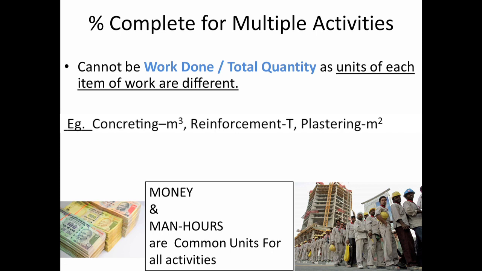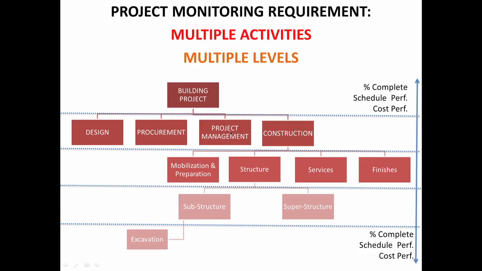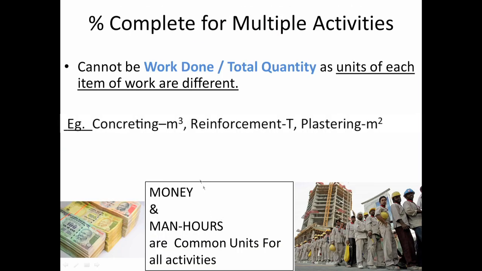So what we do is, the common unit for all the types of activities that come into a project is basically money or man hours. That is, how many work hours are my people spending on the project. This is man hours, not absolute hours, or the money spent.